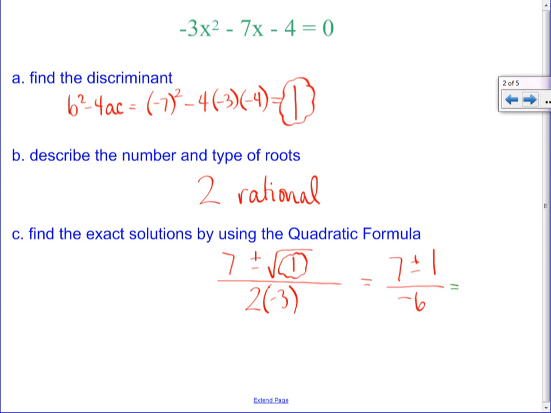So when we add the numerator and divide by negative 6, what do we get? 8 over negative 6 is negative 1 and 1/3. What if we subtract on the top? Negative 1. So there's your 2 answers, which matches letter B, which says we should get 2 rational answers. We did.